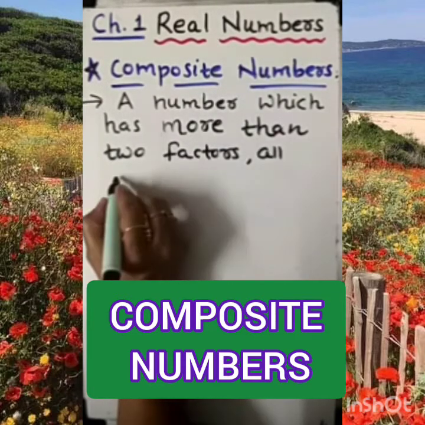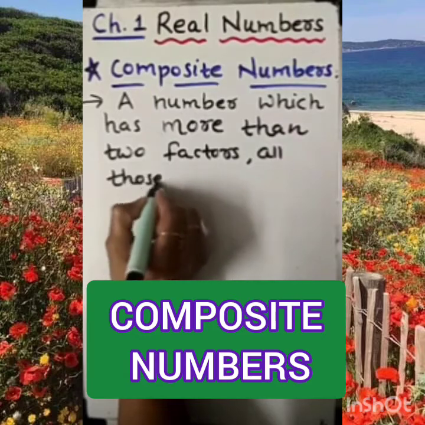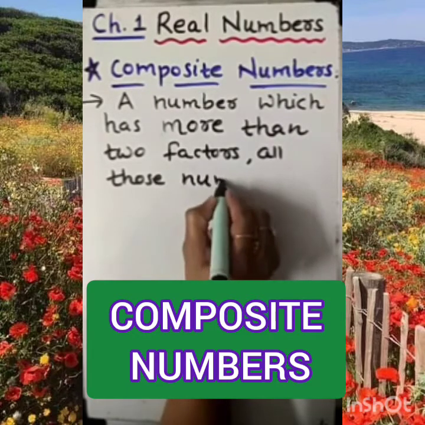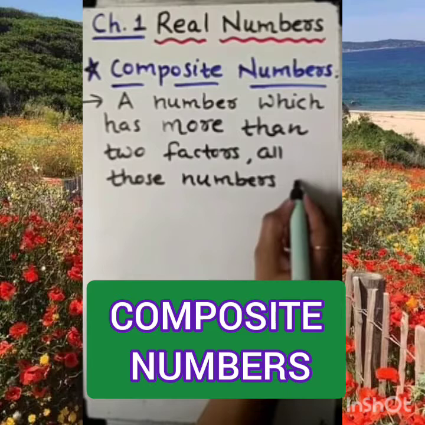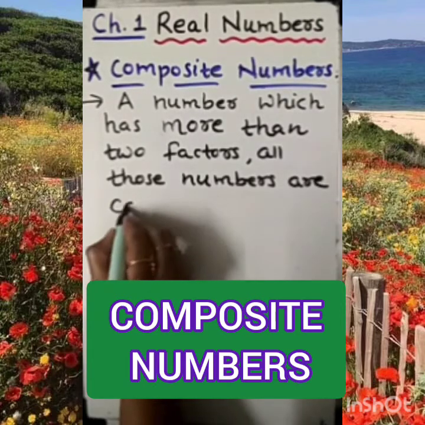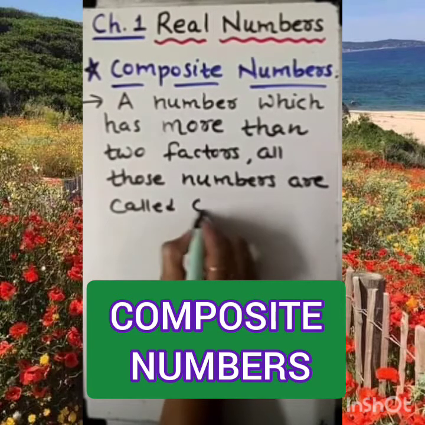All those numbers are called composite numbers. You know very well this definition.